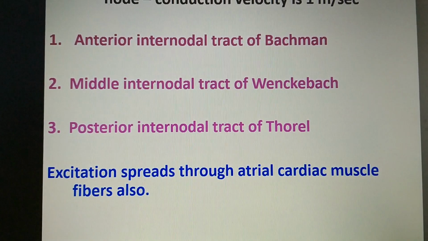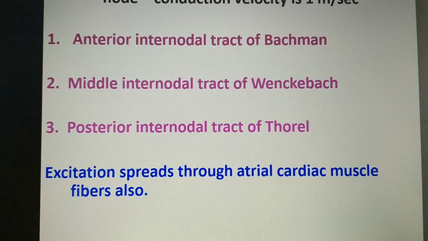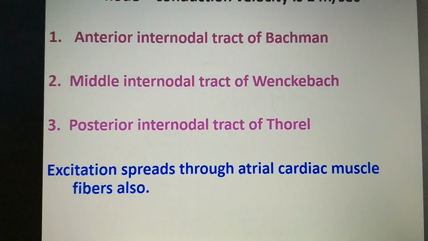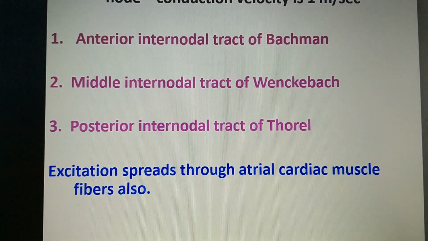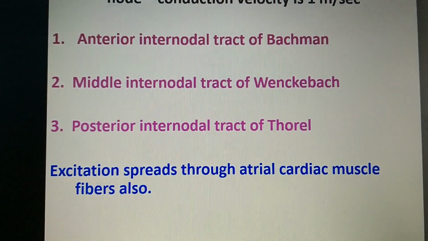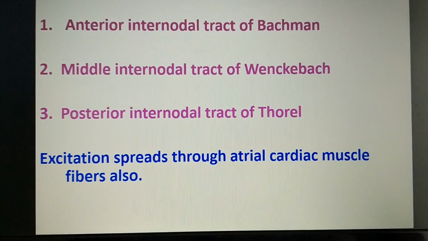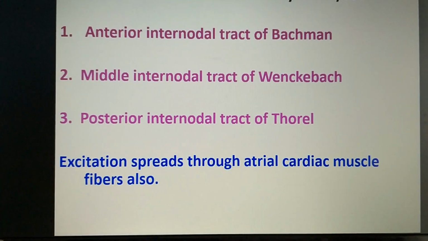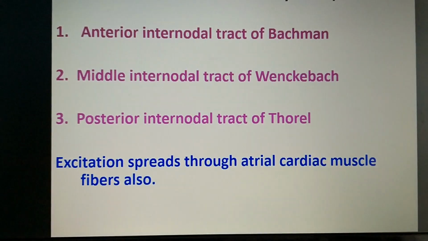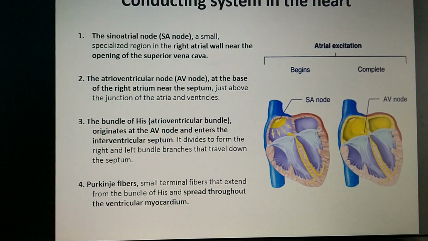Rather, the SA node impulse can be transmitted through these tracts to the AV node for the appropriate spread of the action potentials once generated in the SA node, but the spread of excitation into the atrial muscles can happen straight away from the SA node to the atrial cardiac musculature, independent of these tracts.